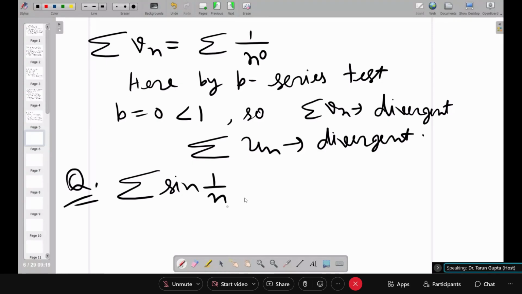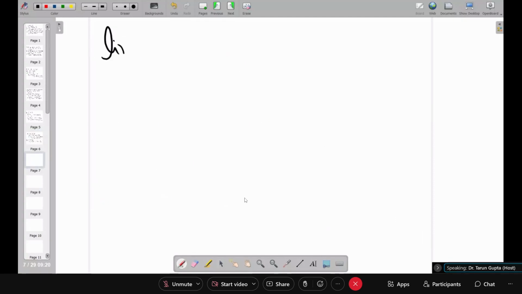So here vn you can assume 1 by n, because you know the sine series, sin x equals x minus x cube upon factorial 3 plus x to the power 5 upon factorial 5. So if we take vn as 1 by n, then if you take the limit n tending to infinity un upon vn, you will get 1.